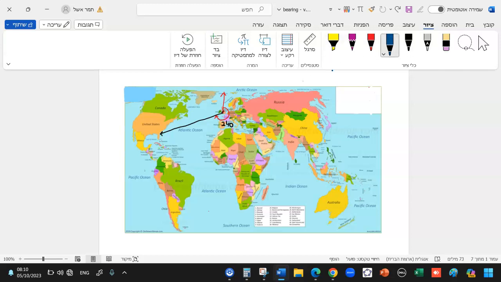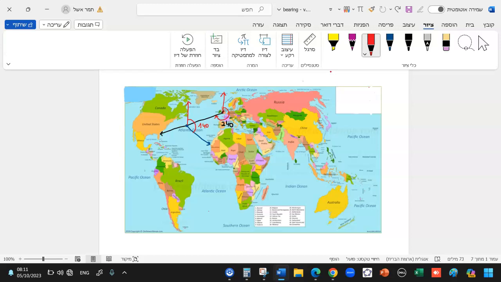Say that in the middle of the ocean you change your mind, here for example, and you want to sail to Africa. So your order to the sailors as the captain of the ship, you will say, turn the ship into bearing of this angle, which is around 140.